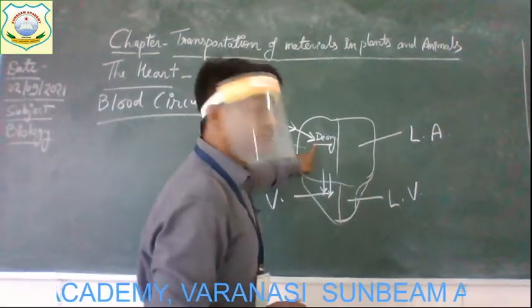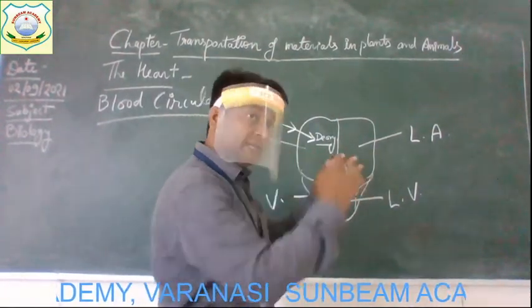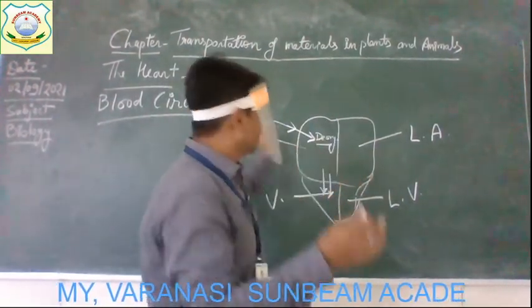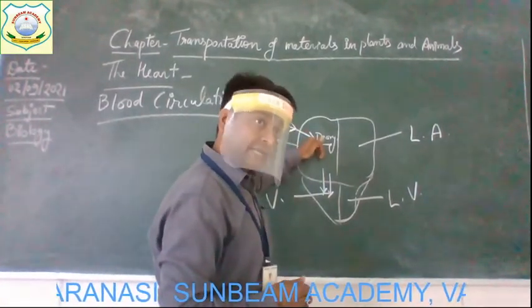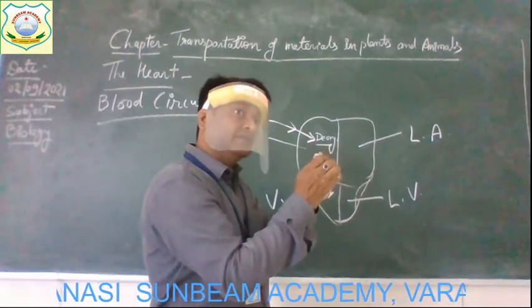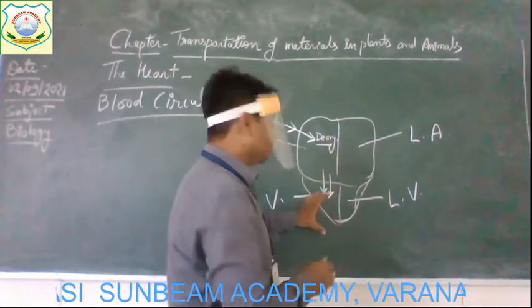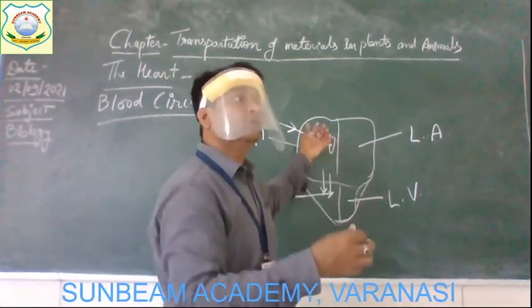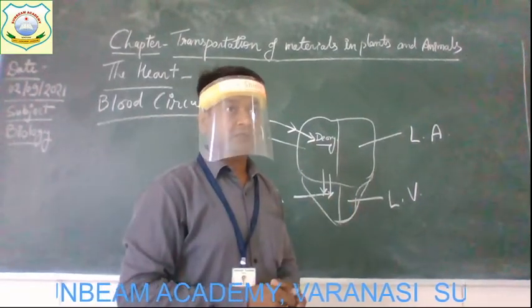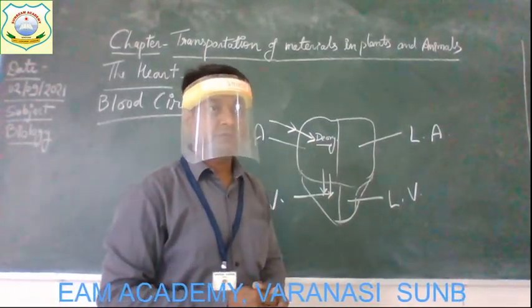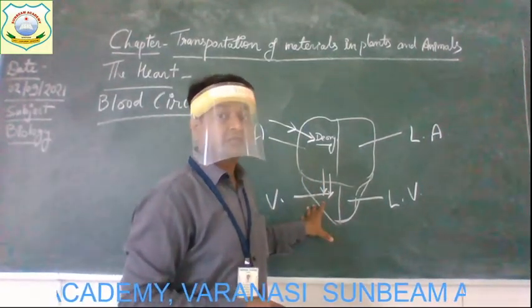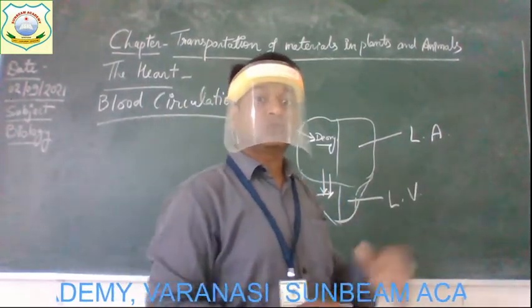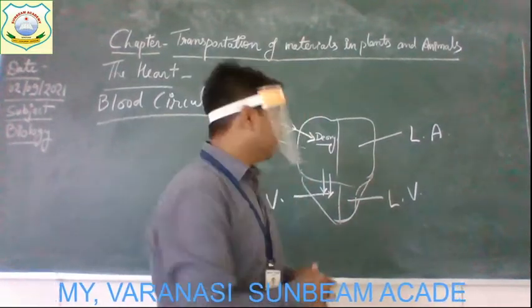So first the right auricle expands to take the blood, and when the deoxygenated blood is collected here, it contracts. At the same time, the right ventricle expands to receive the blood. Now the right ventricle will contract to pump the blood to the lungs through the pulmonary artery.